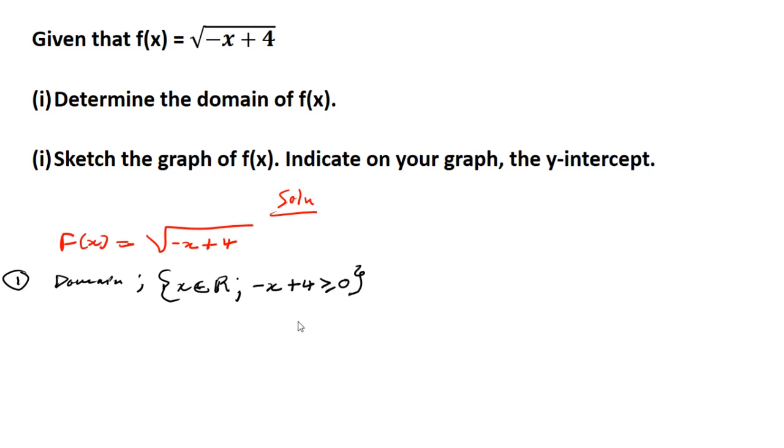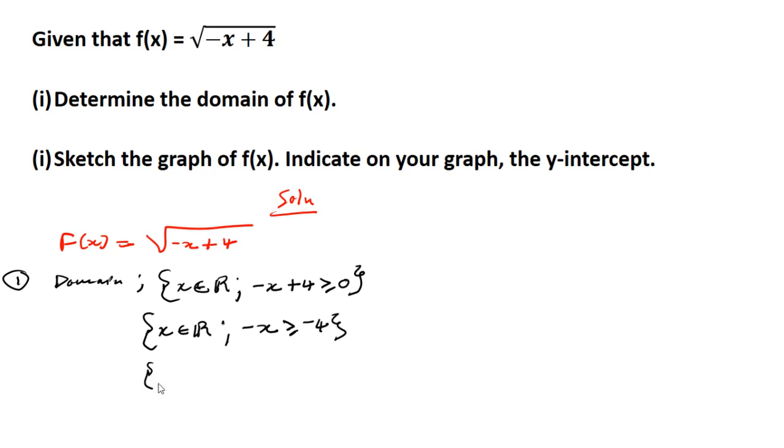The reason we are saying greater than or equal to 0 is that we don't want any negative value in that particular equation. So with this being done, x is a member of real numbers. Then you can take negative 4 to the other side, so it's going to be negative x is greater than or equal to negative 4.